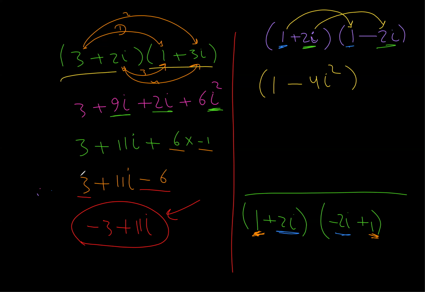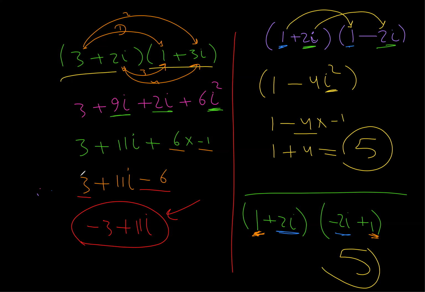We know i squared is negative 1, so it's 1 minus 4 times negative 1, which is positive 4. So the result will be 5. Same thing here, the result will be 5.